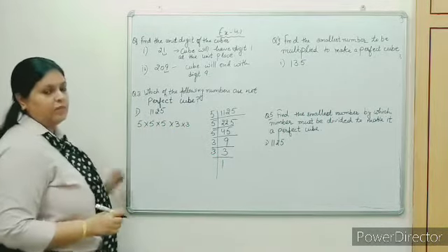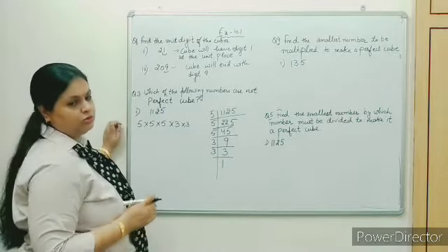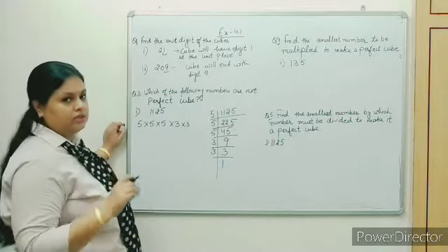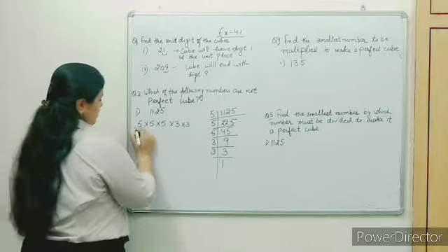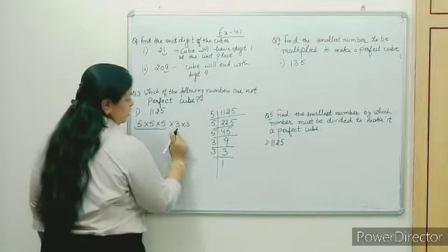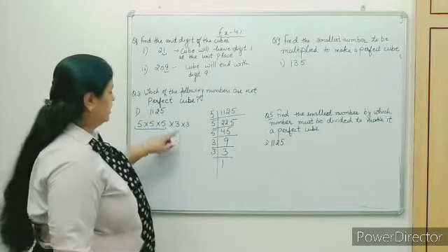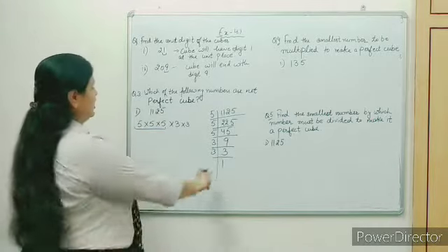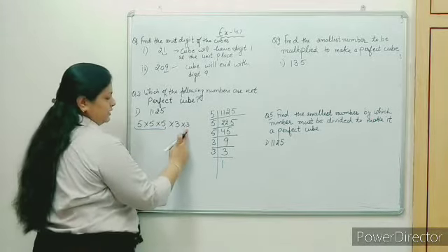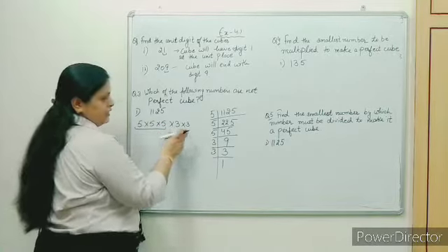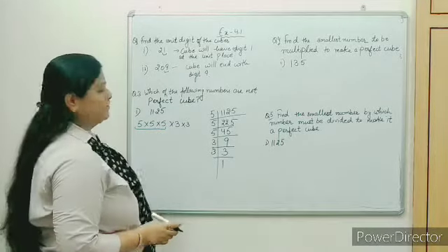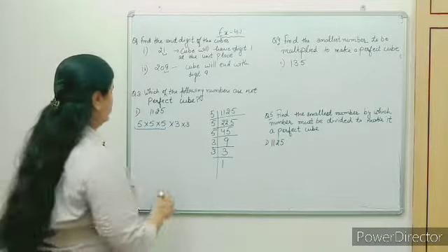Now to check if a number is a perfect cube or not, we have to group them in 3 identical factors. First group. Now the group of 3 is not complete. Here 3 is only twice. So it means grouping of factors in 3 identical factors is not possible. So 1125 is not a perfect cube.